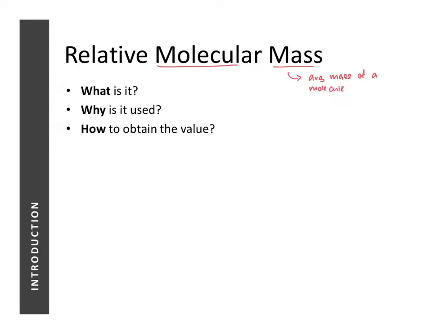Molecules are found in covalent compounds, so it is the average mass of a molecule of a covalent compound, and relative again means compared to your carbon 12 atom. Since the mass of a carbon 12 atom equals 12 units, 1 unit is 1/12 the mass of a carbon 12 atom.